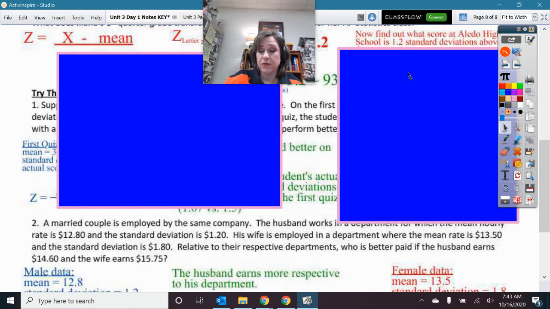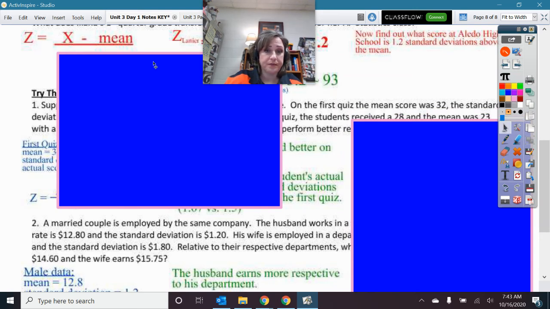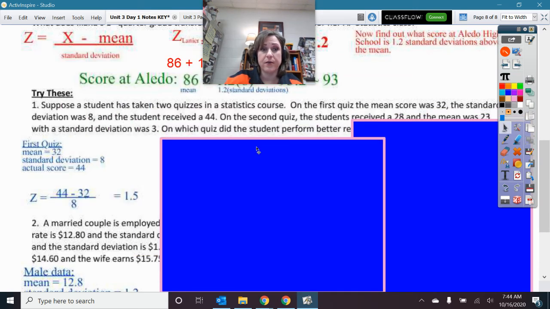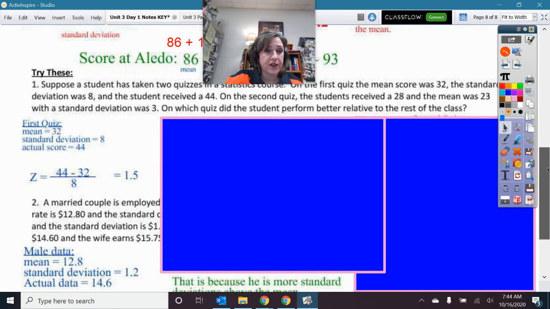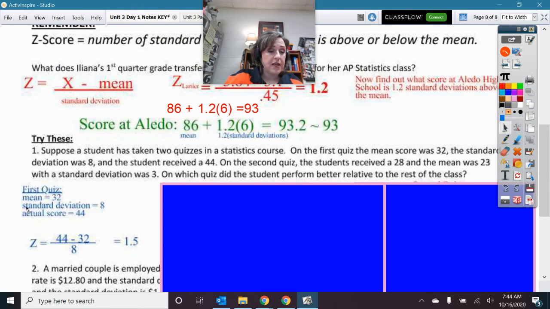So let me talk to you about how this looks. So here's the data for our first quiz over here on the left. The mean is 32, standard deviation 8, and the actual score, so the X value, the context, is 44. So X minus the mean over the standard deviation is how we get 1.5 for that z-score.